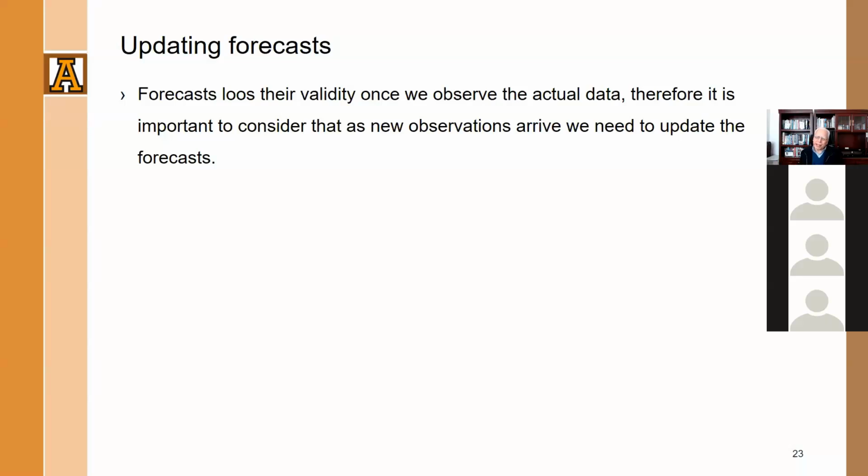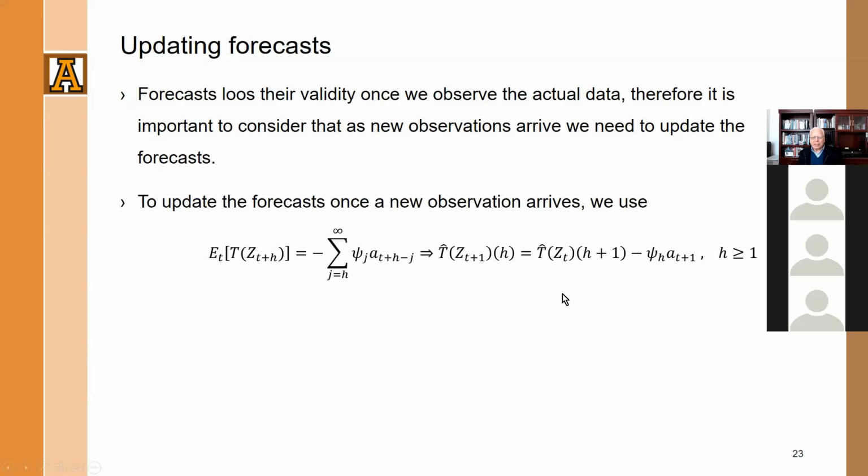Now, if we just wanted to update the forecast, then this is what we would do. If we want to update a forecast once a new observation arrives, we can use the fact that the conditional expectation, the optimal forecast, which is the conditional expectation at time t of Z_{t+h}, is, as we already saw, minus the sum from j equals h to infinity of psi_j a_{t+h-j}.